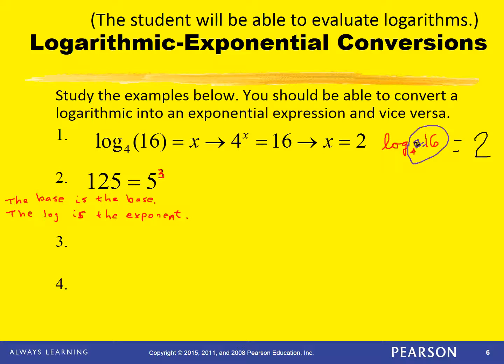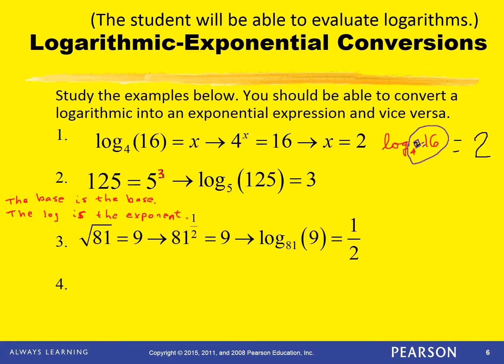The power to which you have to raise 5 to get 125 is 3. So if you remember those two facts, you can write the logarithmic equation every time without any ambiguity. It'll be completely clear.